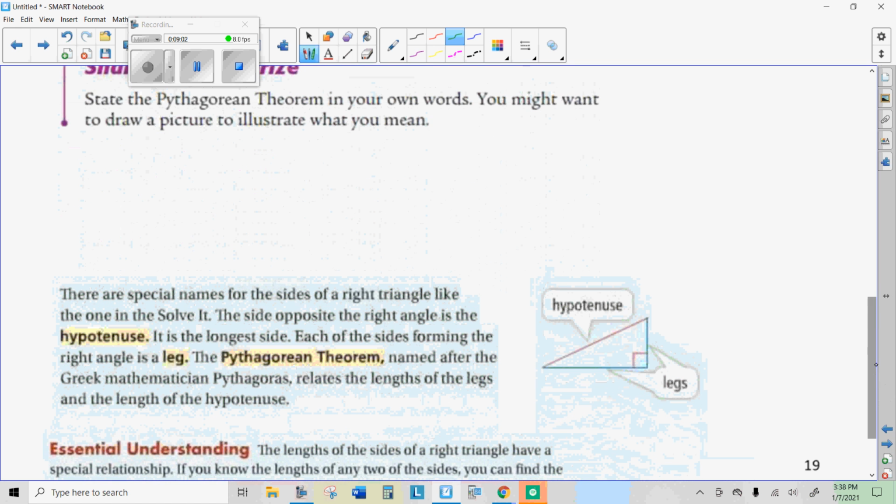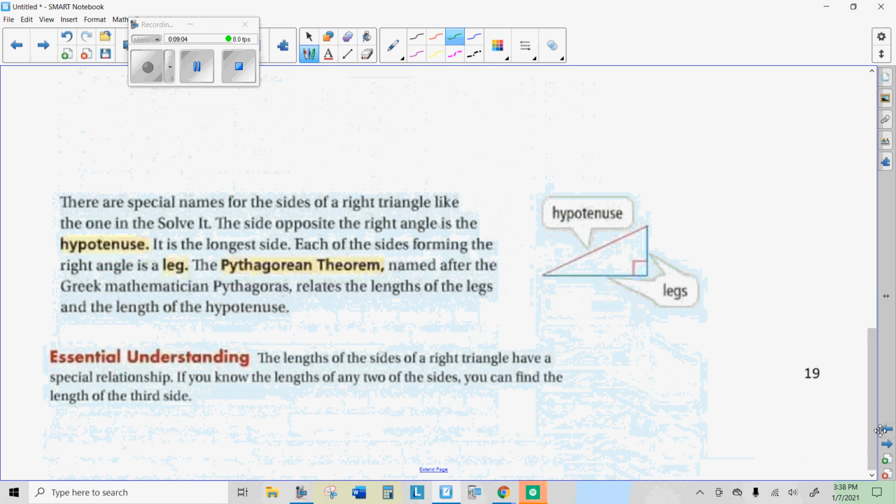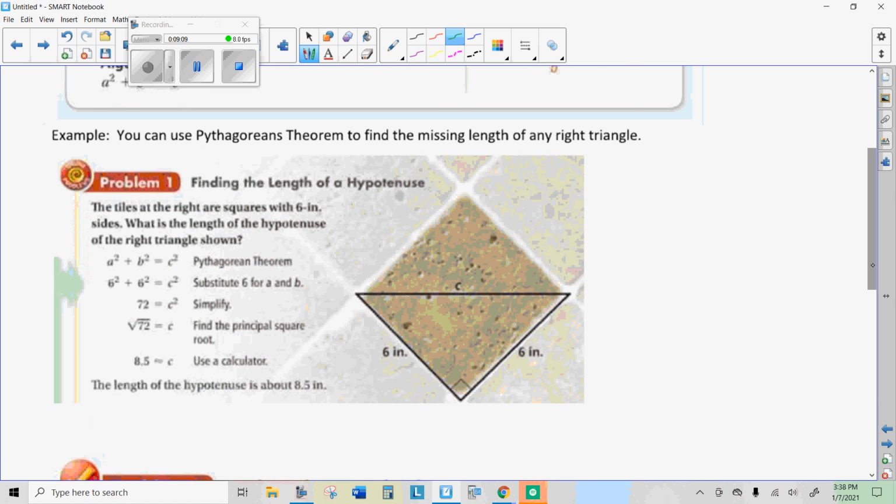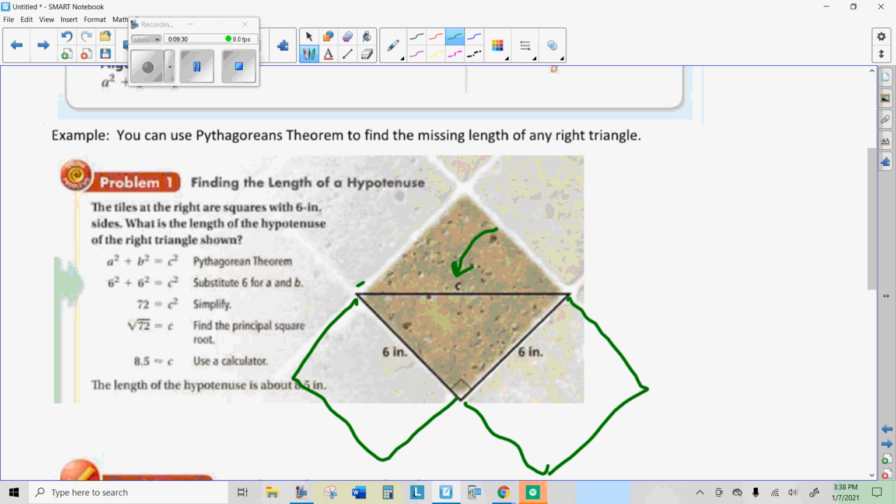And so let me show you what you can do with that. It's pretty cool. So let's say we know that this tile here is a 6-inch square tile. And we're going to cut the diagonal, and we want to know how long that cut is, that C. Well, we know that if I find the area of the square on this leg and add it to the area of the square on this leg, it'll equal the area of the square on the hypotenuse.